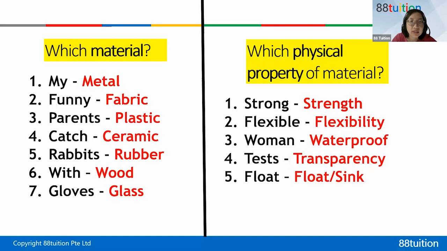The ability to not be wet. No, good try. A waterproof material does not what water? Starting with A. Absorb water. Very good. So a waterproof material does not absorb water.